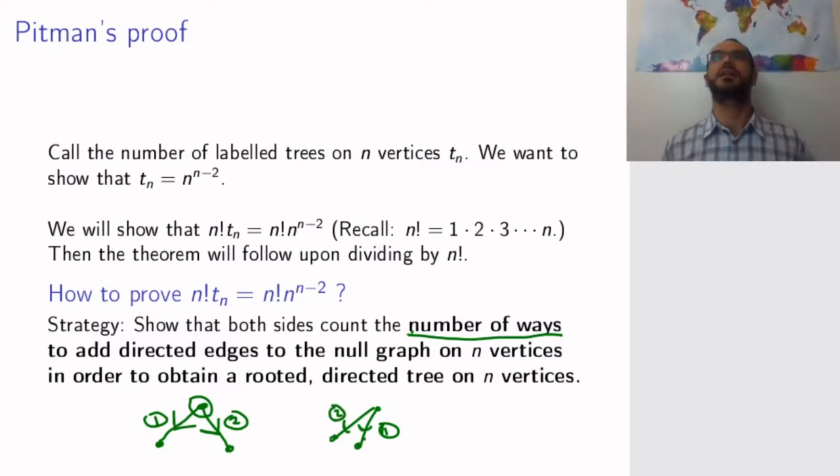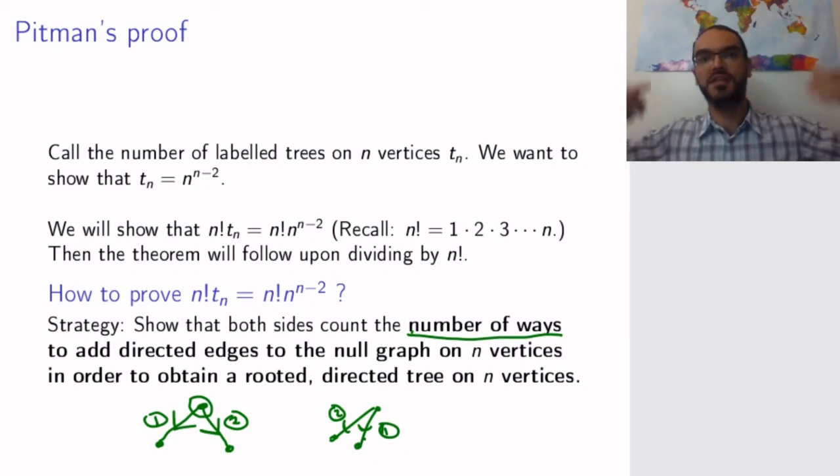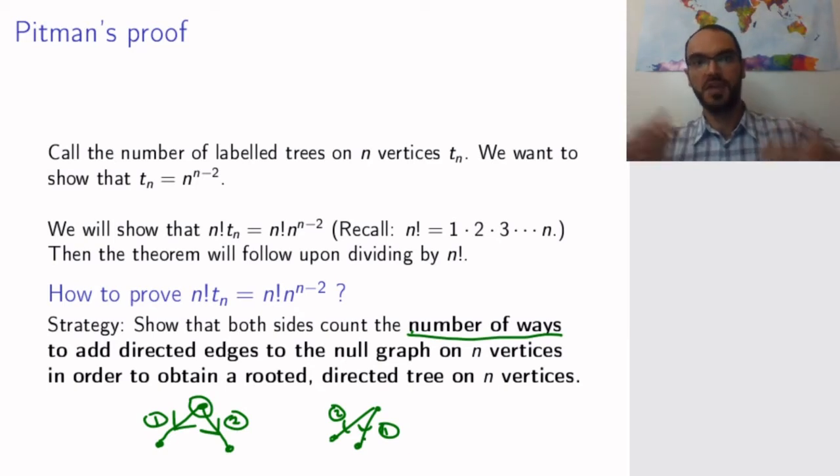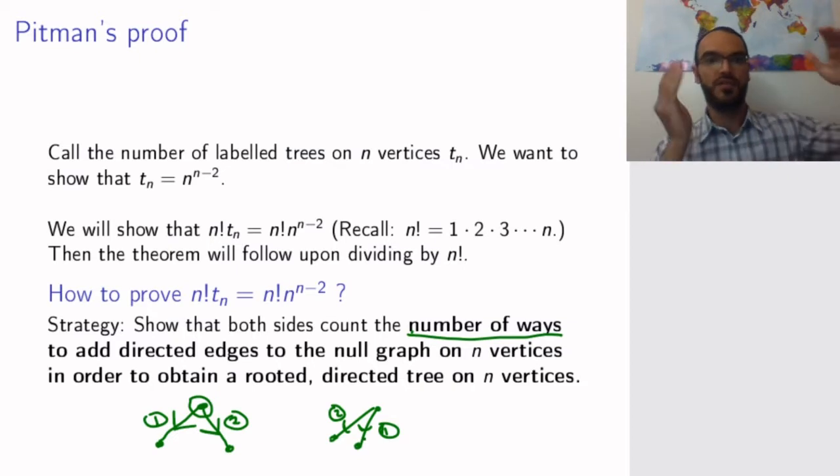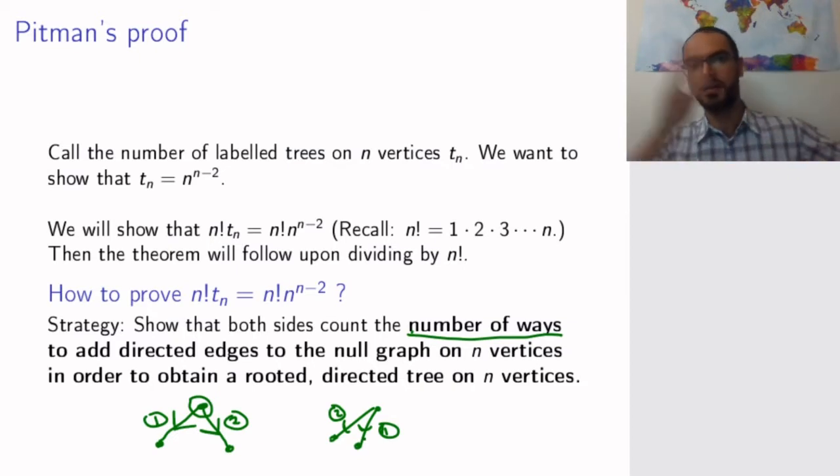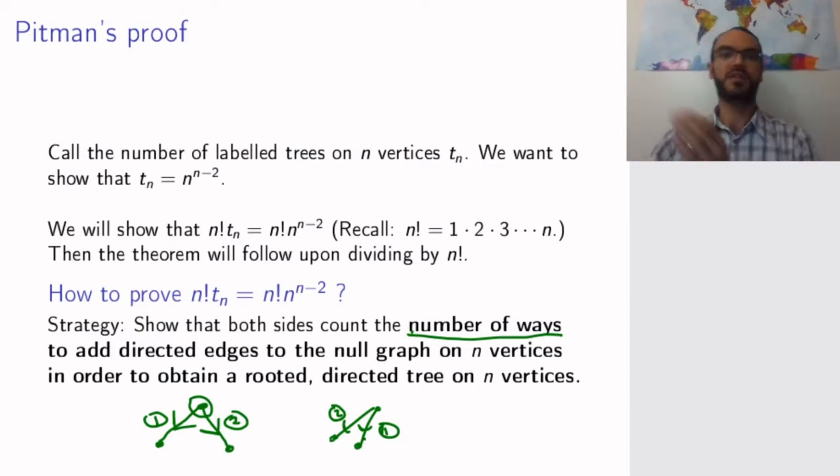It's like I'm not counting the number of ways that roads can be sitting in a city. I'm counting the number of ways in which a city can construct roads. So maybe they construct road A first and then road B, or they construct road B first and then road A. The result is the same, but since I'm not counting the result, I'm counting the number of ways to achieve this, these will be two different numbers of ways.